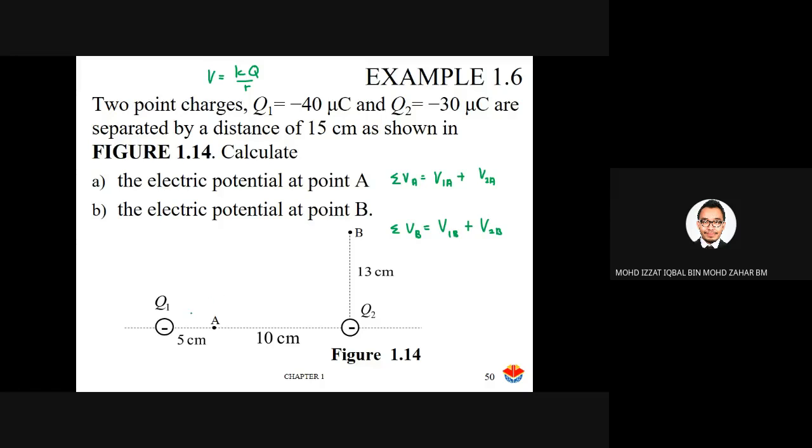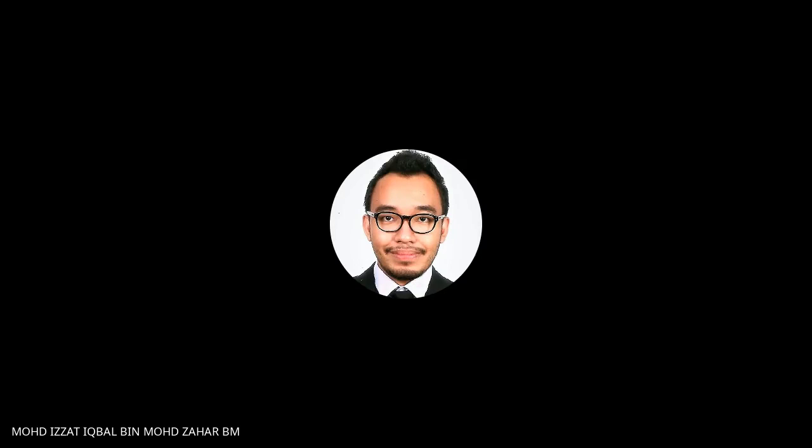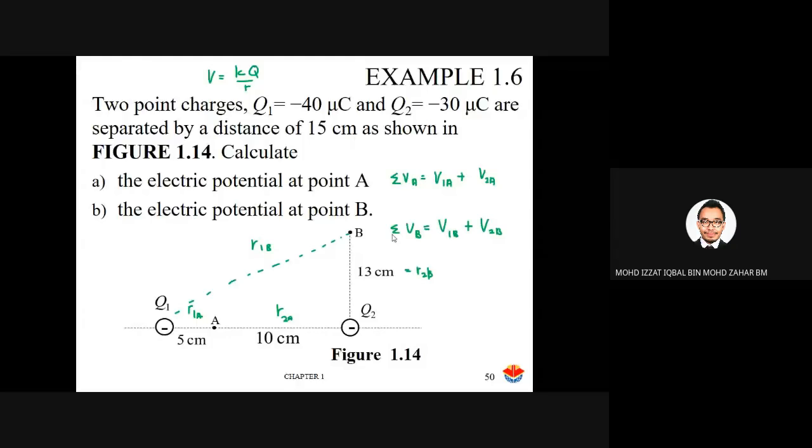R here means the distance from here, R1A, R2A, yang B itu should be R1B, and this one is equals to, and it's important as well, and then charge tu mungkin masuk negatif. Macam mana nak kira? Senang je, masukkan dia semulai, tak payah fikir direction.